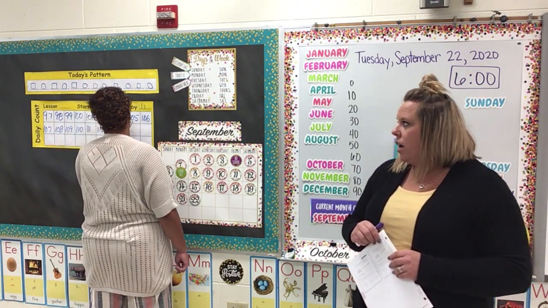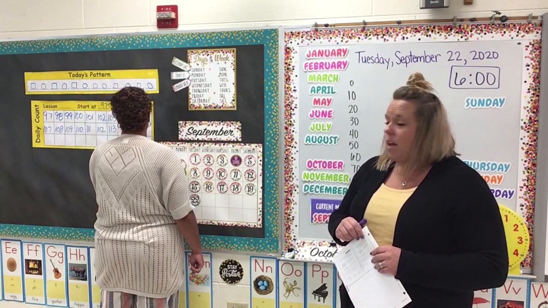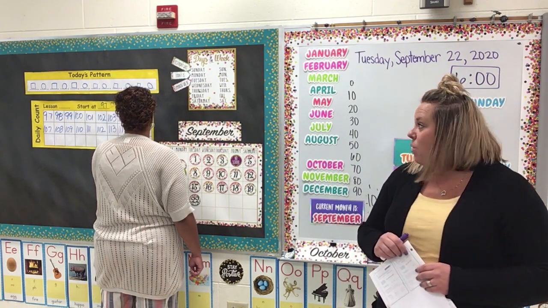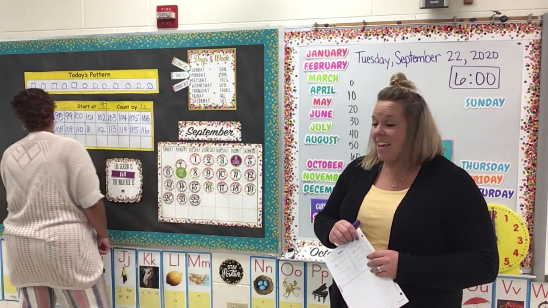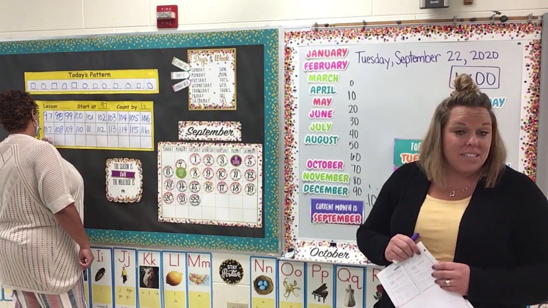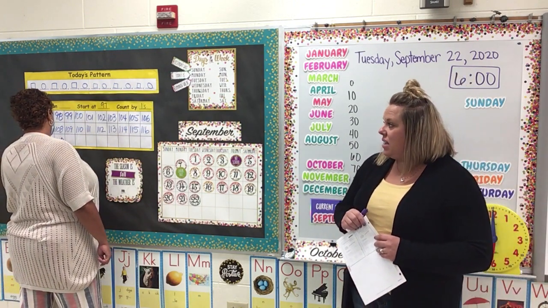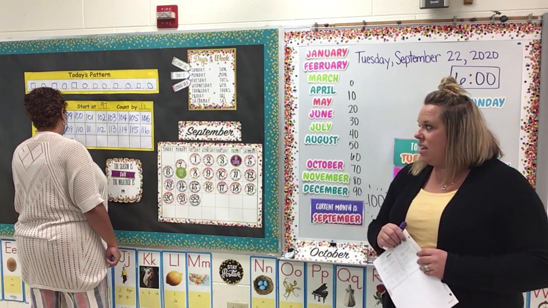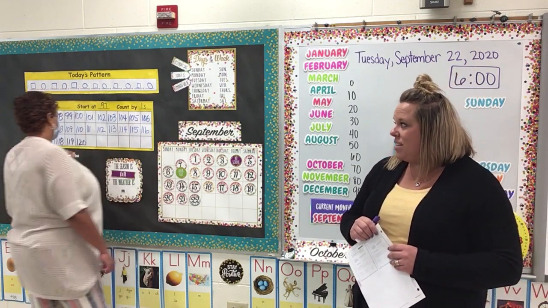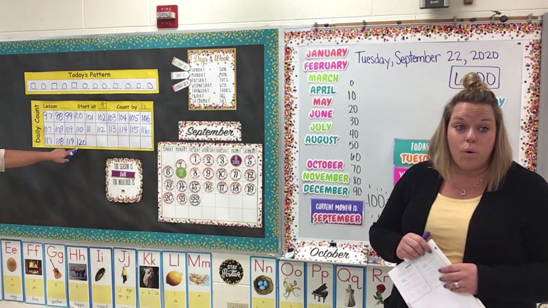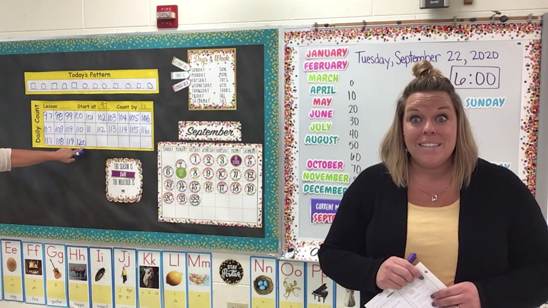Okay. 111, 112, 113, 114, 115, 116, last row, 117, 118, 119, 120. And how did I write 120? 1, 2, 0.